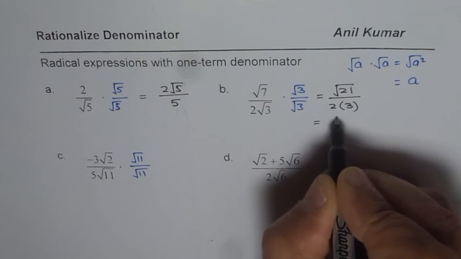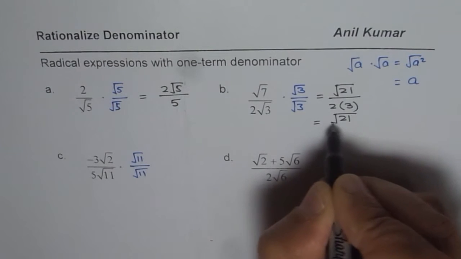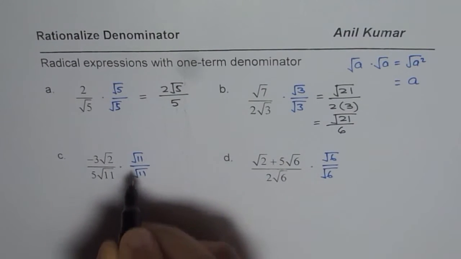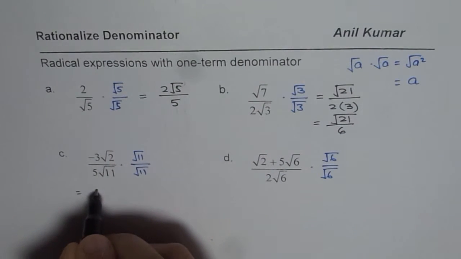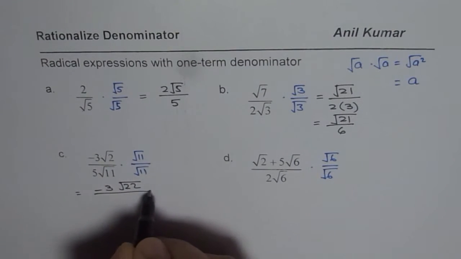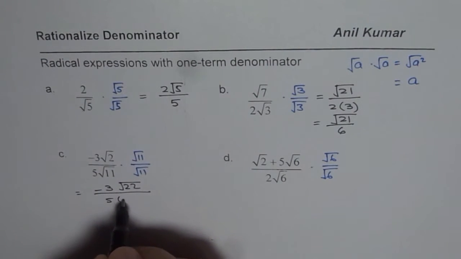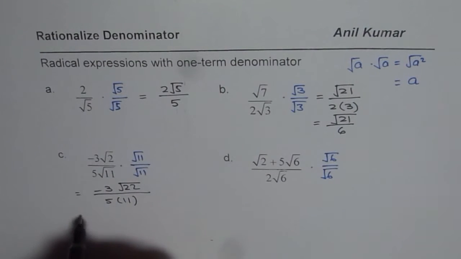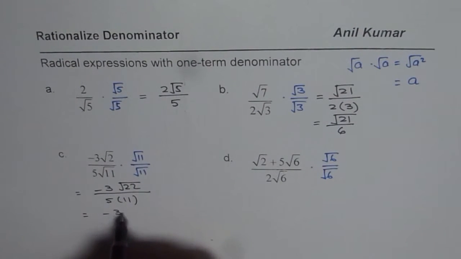So I could write this as square root 21 over 6. Here we get minus 3 square root 22 in the numerator. The denominator will be 5 times 11. And so the answer is minus 3 square root 22 divided by 55.